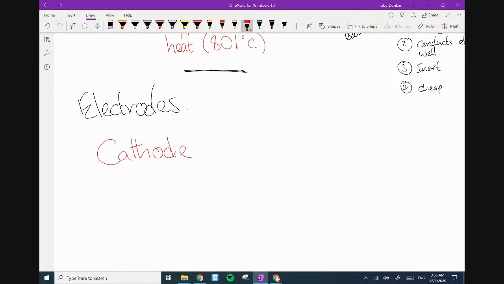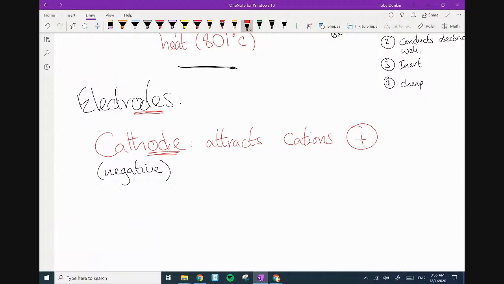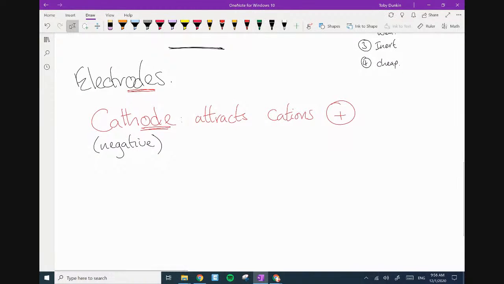Hence the ode, by the way. Electrode, cathode. So the cathode is negative. Why is it called the cathode then? Because it attracts cations. It attracts the positive cations.